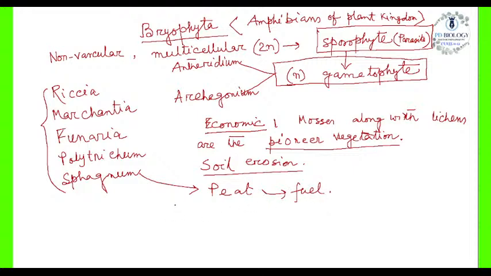Dry sphagnum can absorb 18 to 26 times its weight in water. This water absorbing ability is used by gardeners to keep the seed bed moist during transportation and propagation.